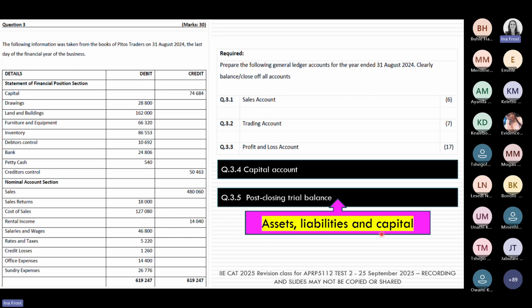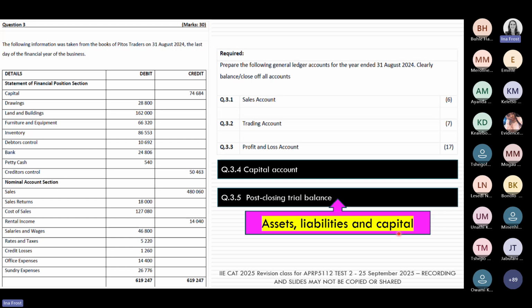Because remember, at this point, all your nominal account balances are now zero. So your nominal accounts have now all disappeared. All that is left is this top half: assets, liabilities, and capital.